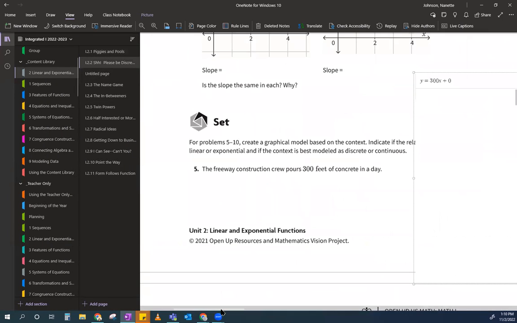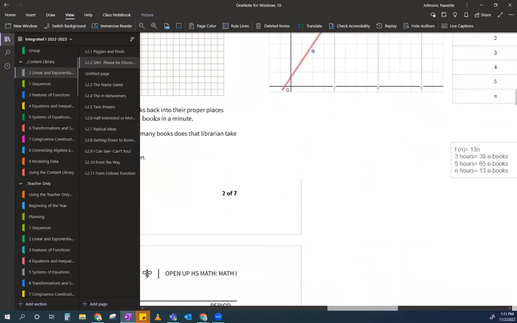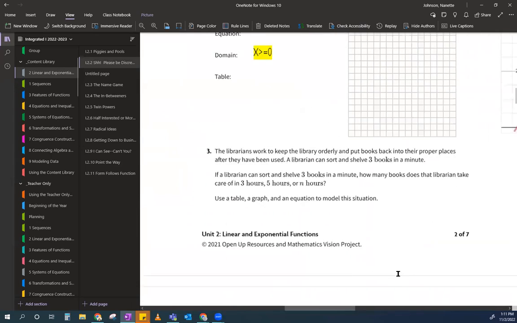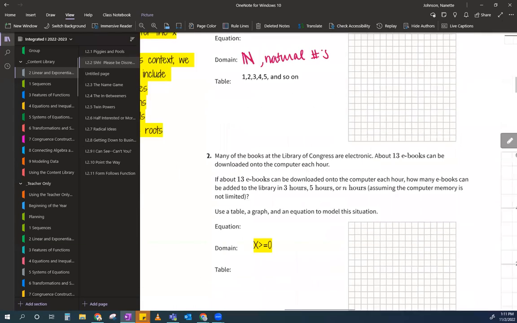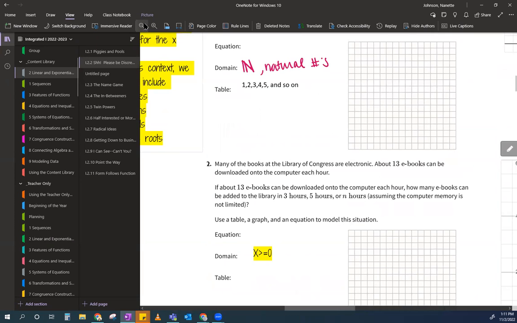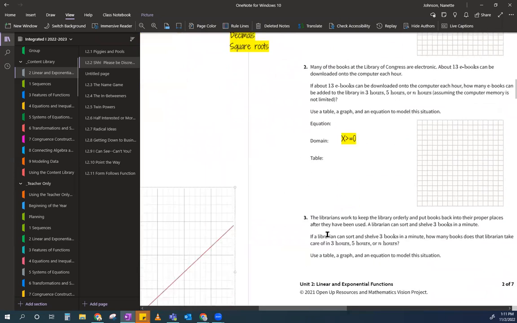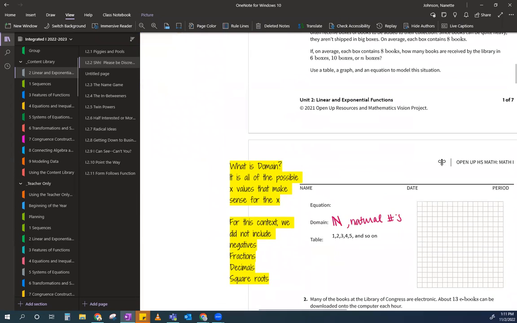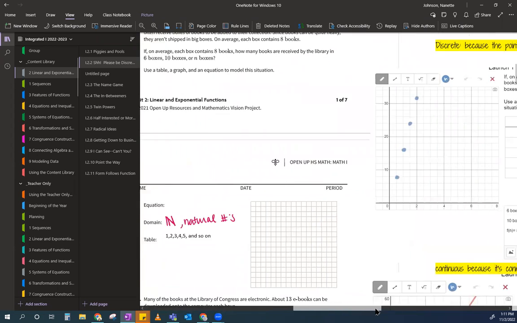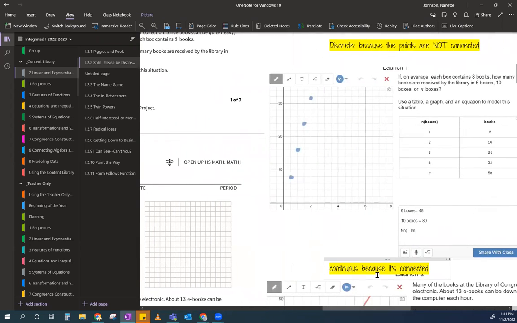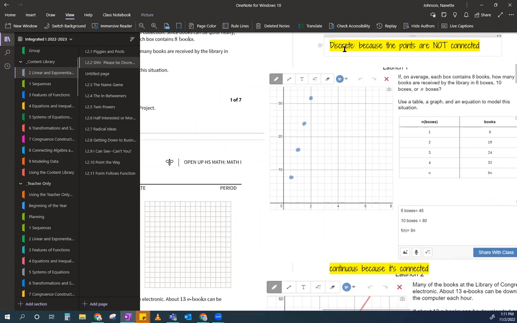Y'all are nice to me. Hold on a second. Oh yeah, this is where it was. Make it smaller, Miss Johnson. So we said, yeah, that's domain. Aha, continuous because it's connected. Discrete because it's what?